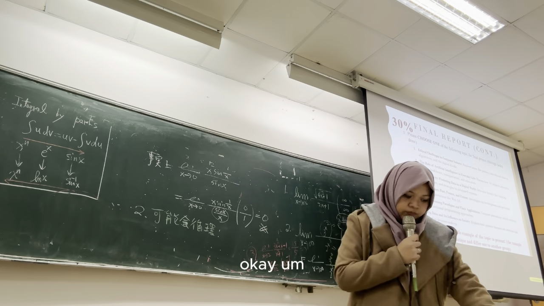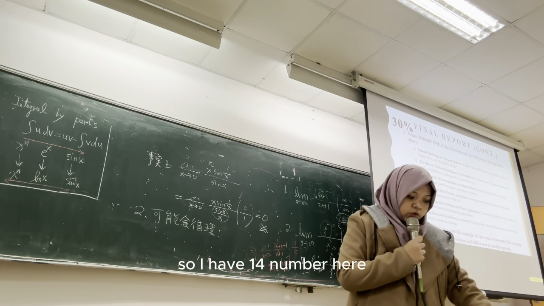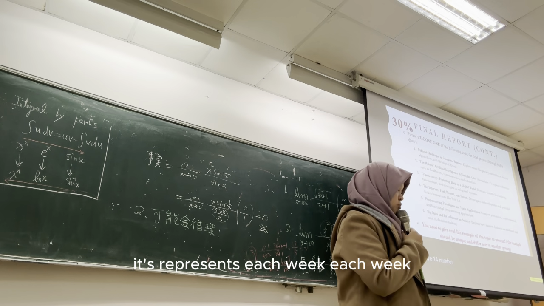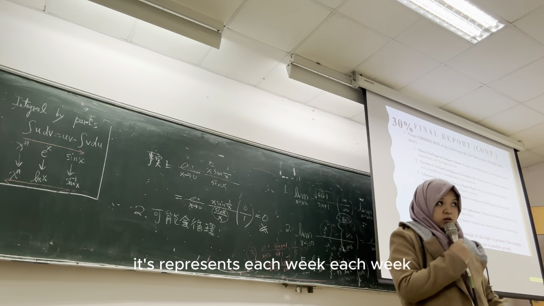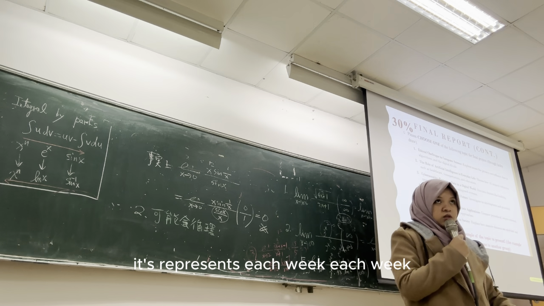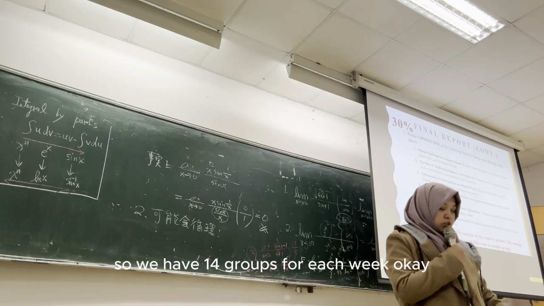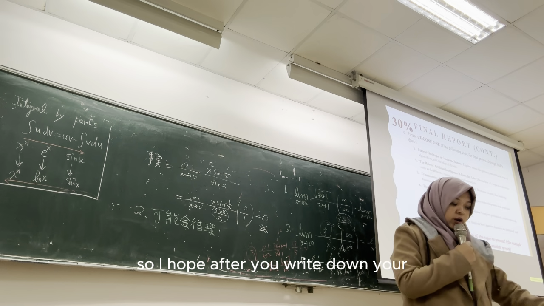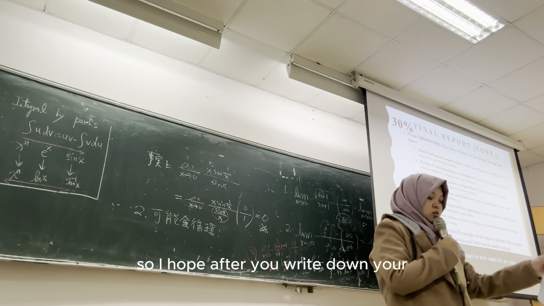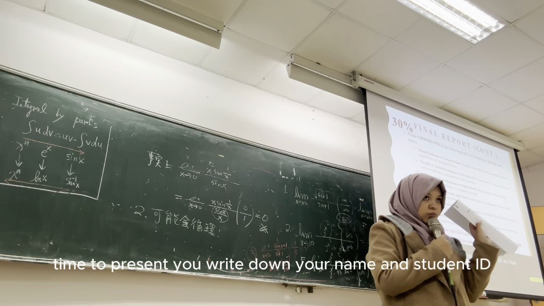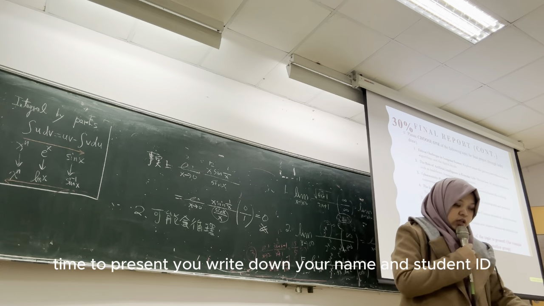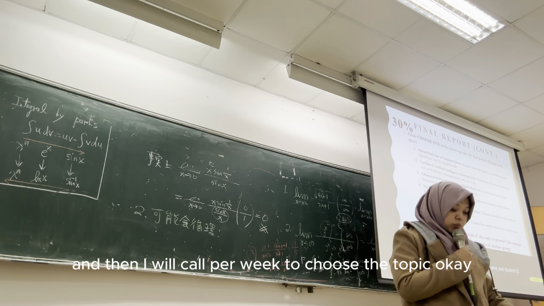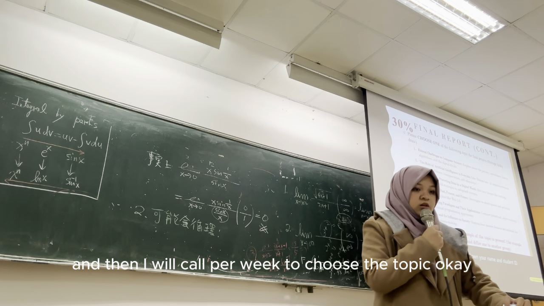Okay, so I have 14 numbers here. It represents each week. So we have 14 groups for each week. Okay, so I hope after you write down your time to present, you write down your name and student ID. And then I will call per week to choose the topic.